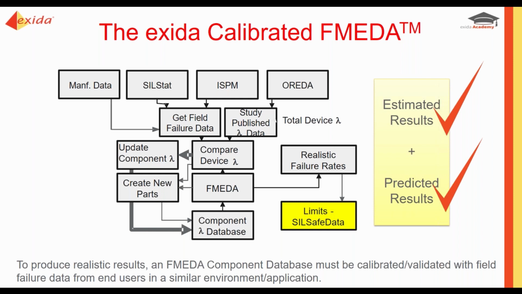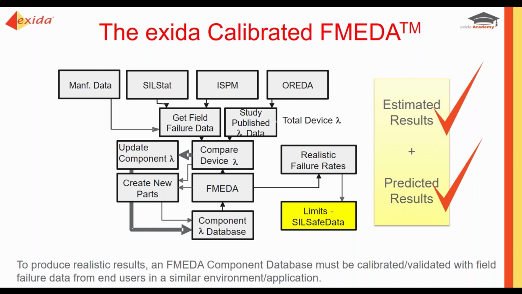So when we do an FMEDA, our component database is consistently calibrated and validated by always looking at manufacturing data and the field return data. We have end users data coming in. We've done all of the studies with the exida data. We have the military handbook.